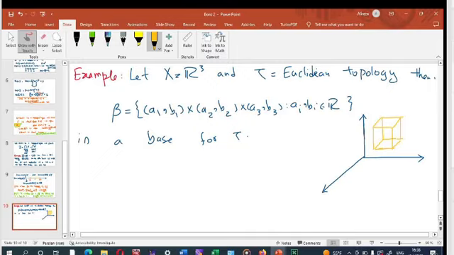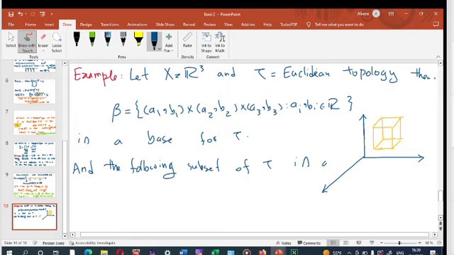And the following subset of tau is a subbase for Euclidean topology.